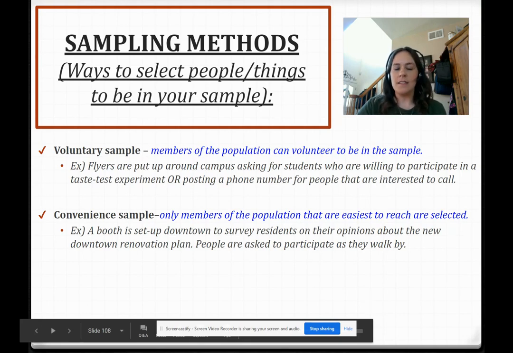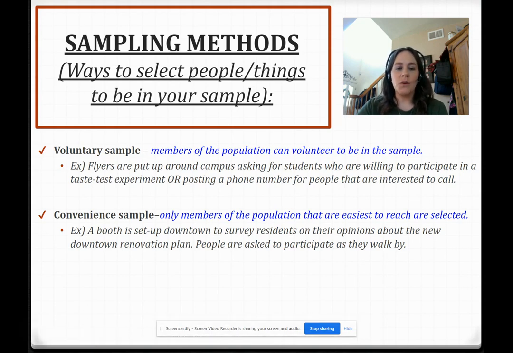You only really have access to people that conveniently happen to be downtown at the moment, and so this is known as convenience sampling. Another example I oftentimes give is if people were at the outlets or the mall. Let's say you're giving a survey and you choose to stand in front of Forever 21 versus maybe you decide to stand in front of Champs.